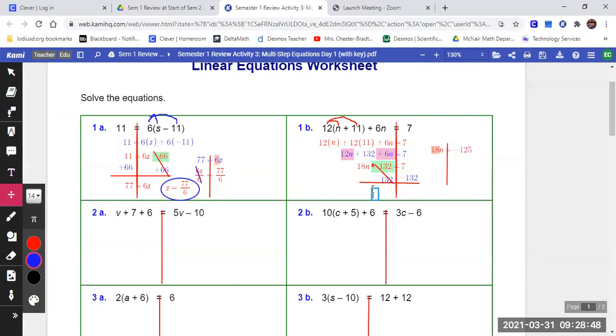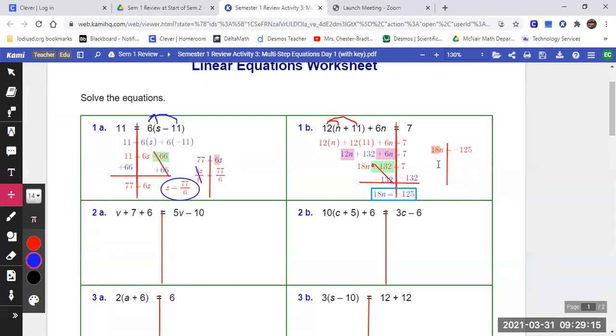Let me put this here too, so we don't wonder where it came from. How are we undoing multiplying times 18? Come on, guys.